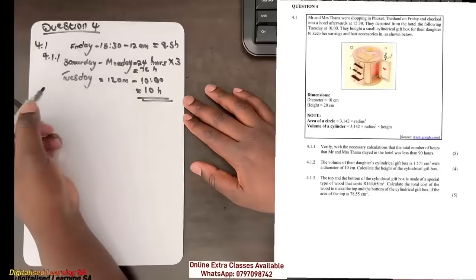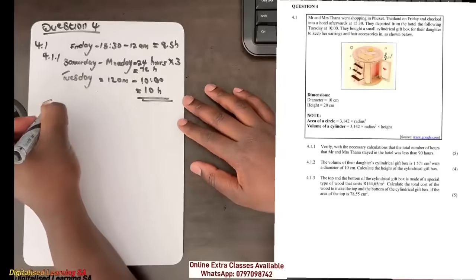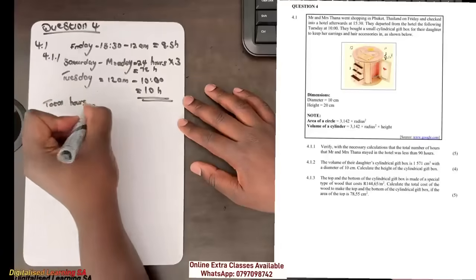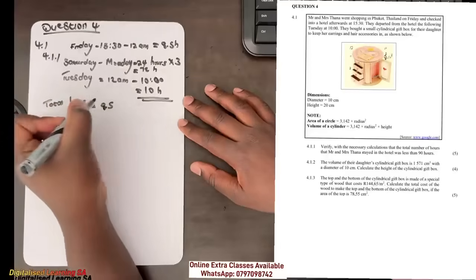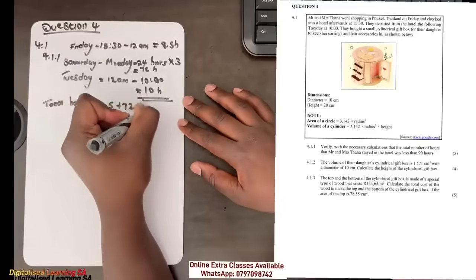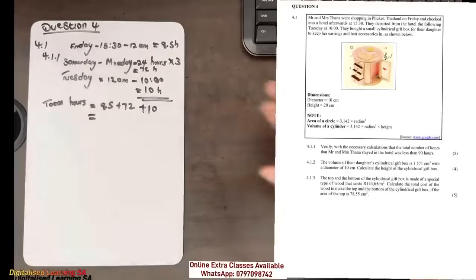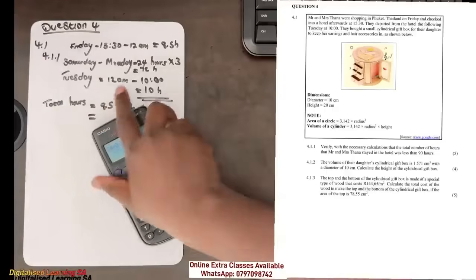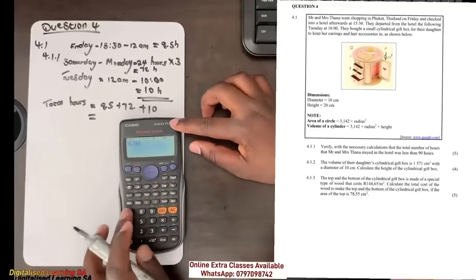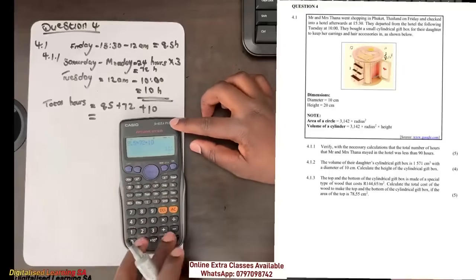So the total hours stayed in the hotel will be 8.5 plus 72 plus 10.